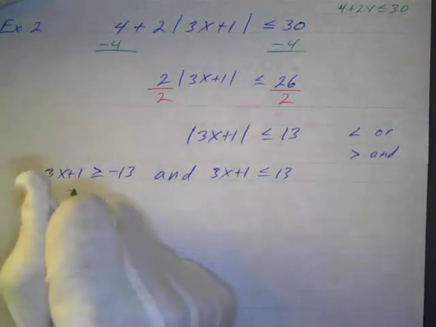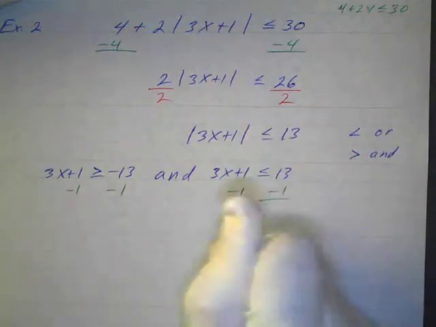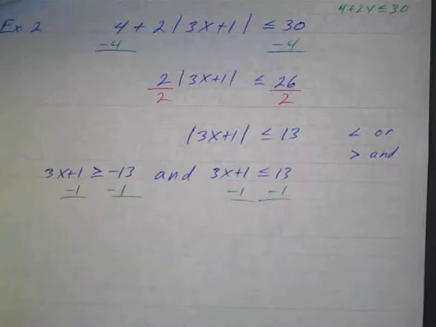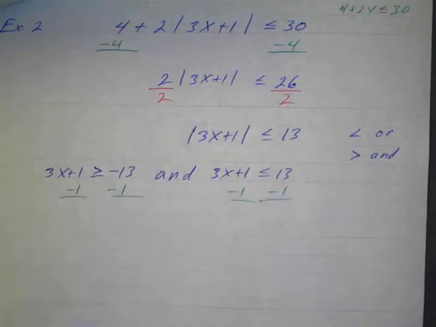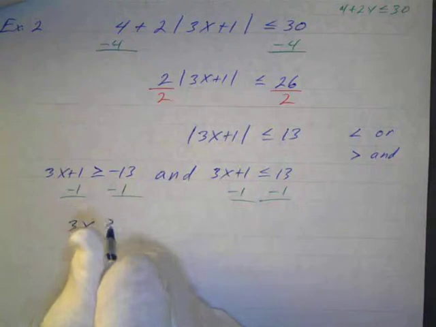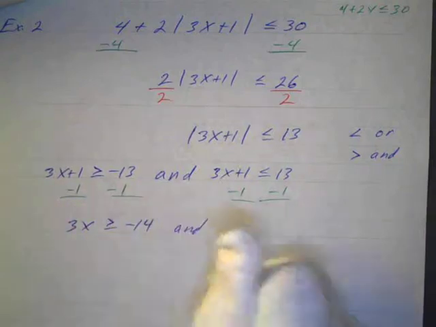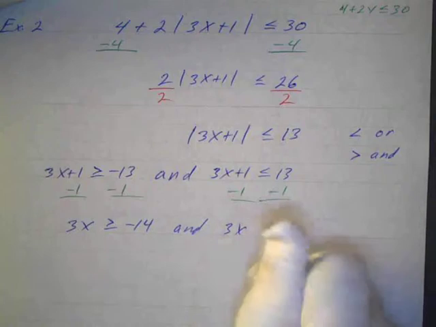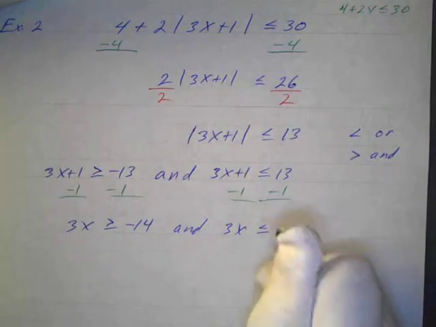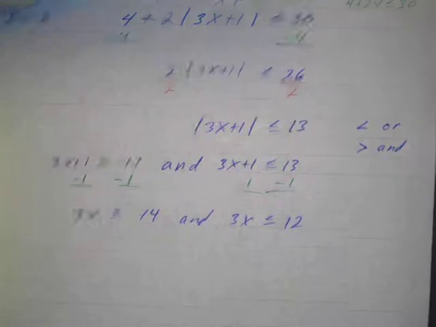So we'll subtract 1 from everything. And now we have 3x is greater than or equal to negative 14, and 3x is less than or equal to 12. And I'm going to divide everything by 3.